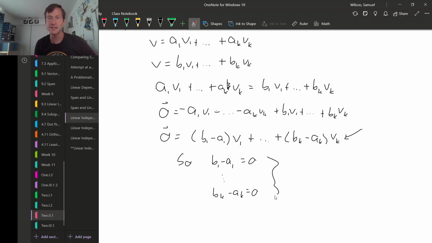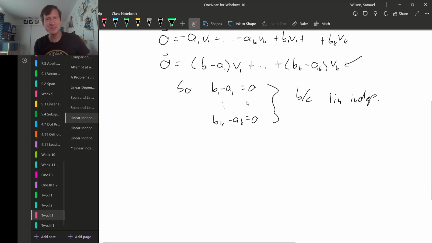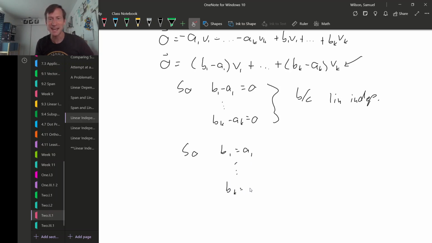All of this is because of linear independence. If b1 minus a1 is 0, that means b1 is equal to a1, and so on, all the way down to bk has to be equal to ak.